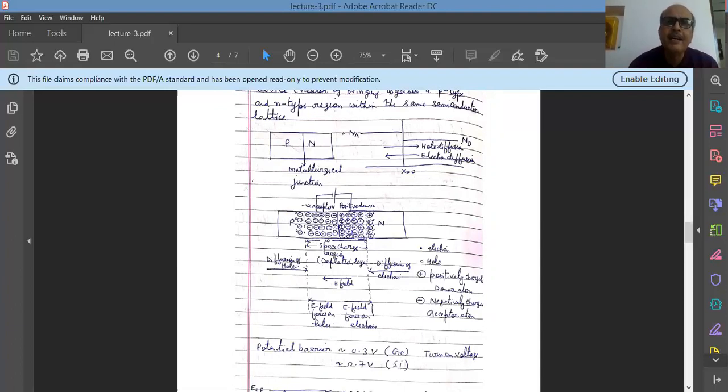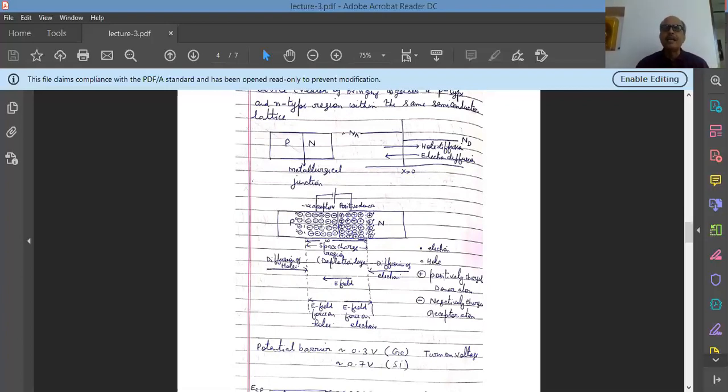If you look at the two types of charges building up because of the diffusion on the two sides of the boundary, or two sides of the junction, this gives rise to an electric field. Electric field will be away from the positive charge or towards the negative charge. So the direction of the electric field will be from positive charge to the negative charge, or from N side to P side.